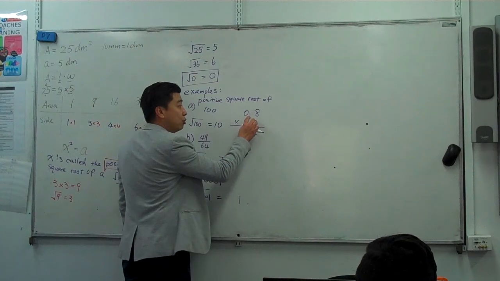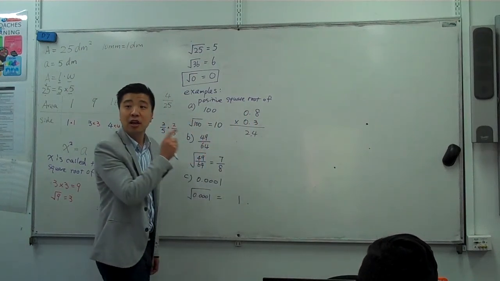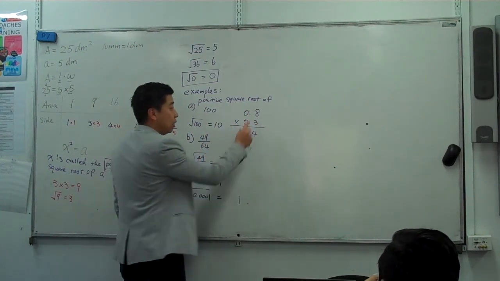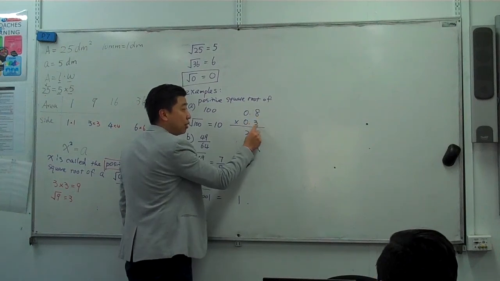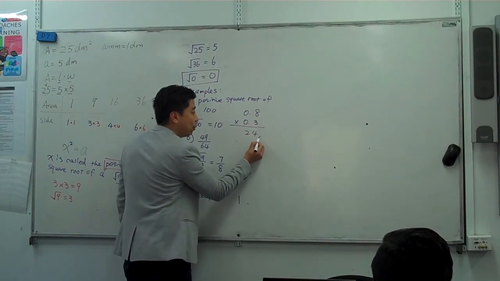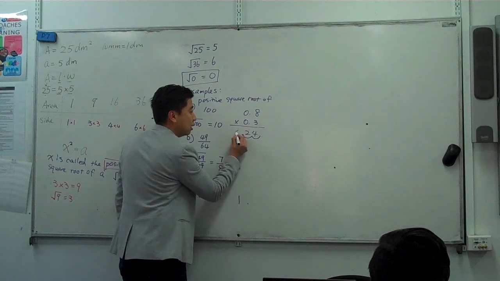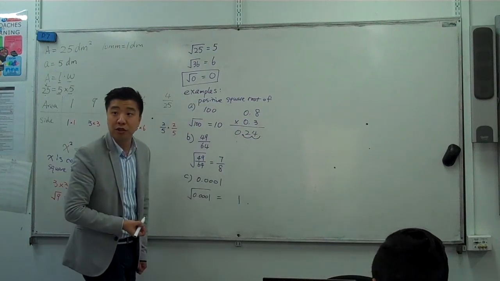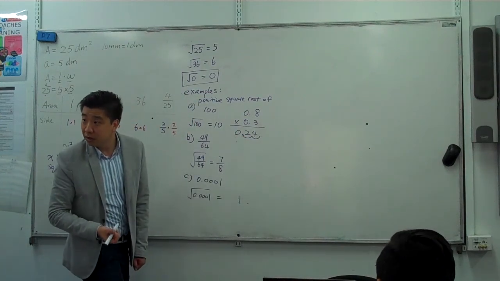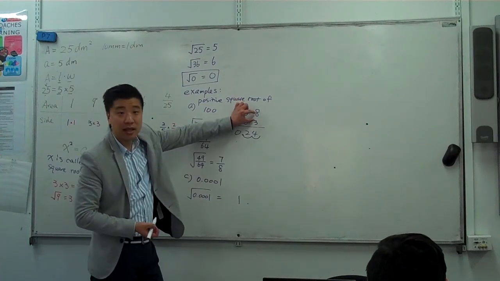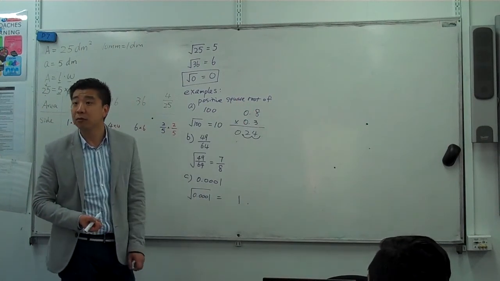Okay? When we do multiplication, you need to count how many decimal places. 1 and 2. Then you need to move 2 decimal places. So the answer is 0.24. Which means you need to add the number of decimal places.